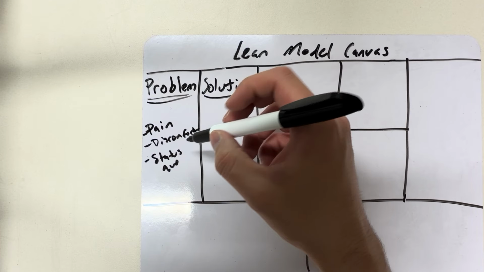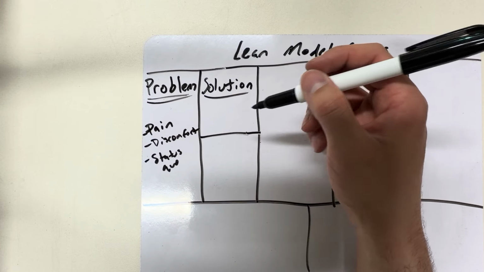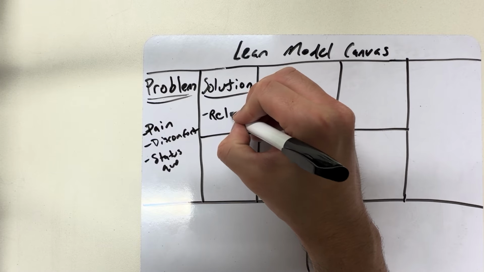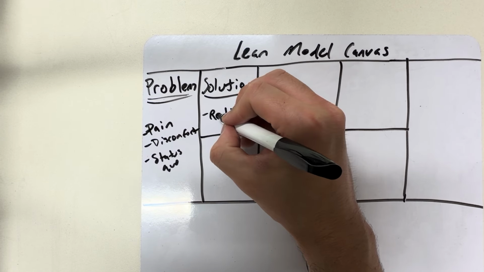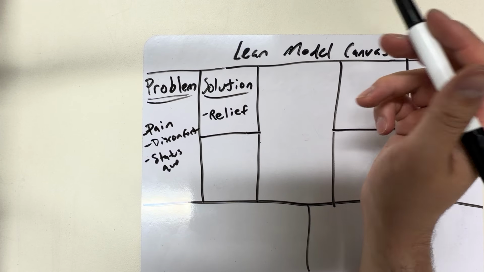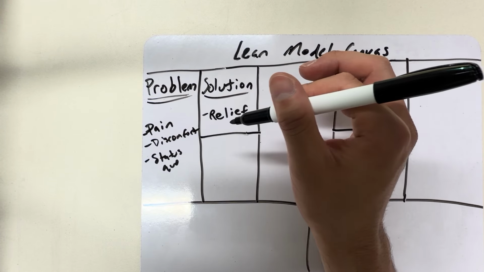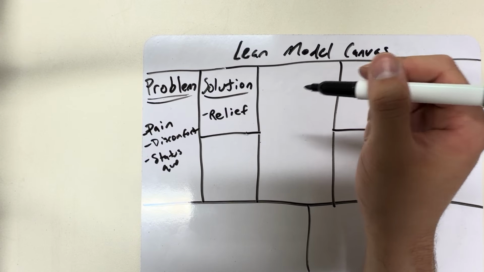Status quo is like, oh, that's just how it's always been dealt with. Okay. The solution is the relief. So, what is the relief that you provide to the pain, to the discomfort, to the status quo that should be broken? All right.